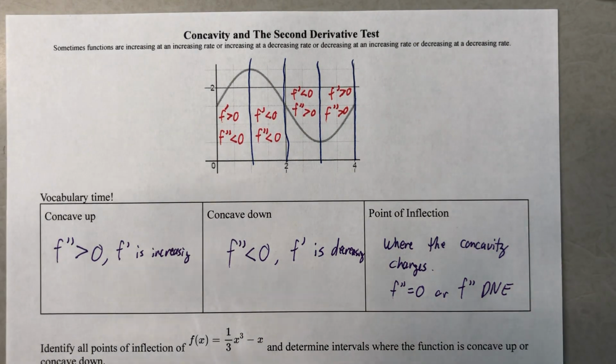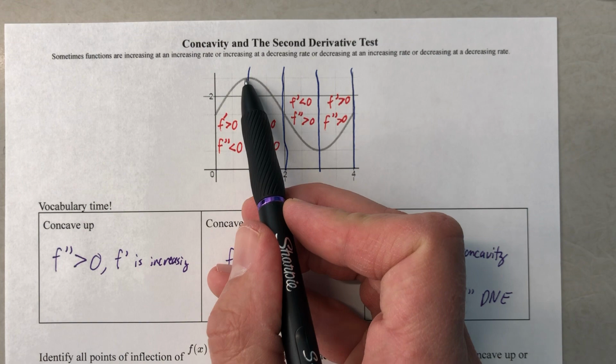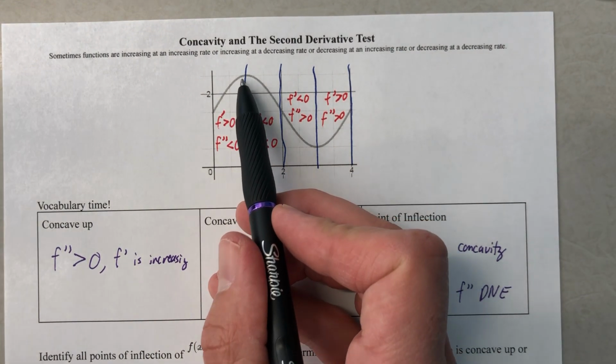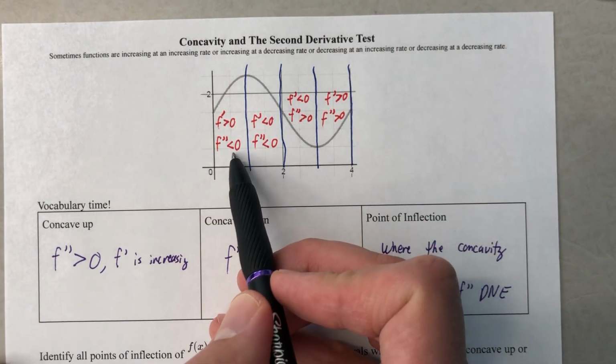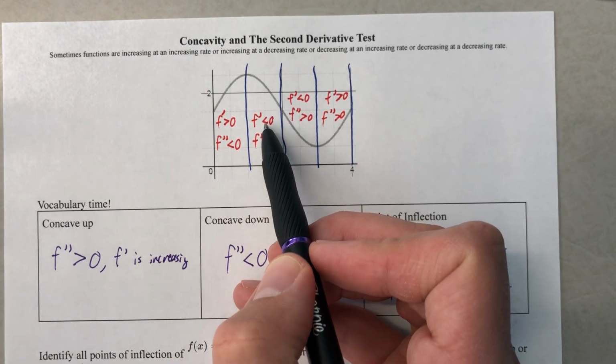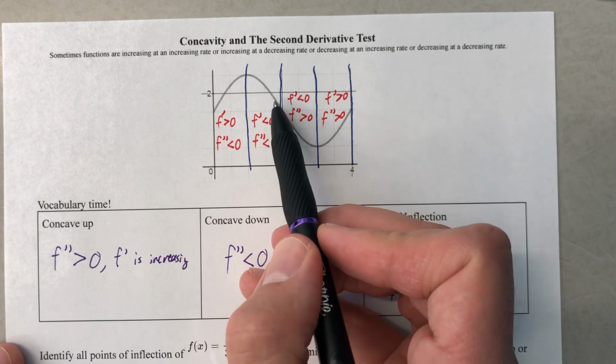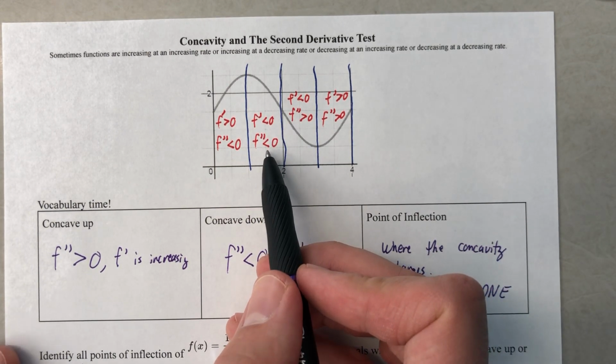Okay, so let's recap because things got a little wordy in here. Increasing at a decreasing rate, so the first derivative is positive, but the rate of that is negative. Hopefully this is clearing things up. Decreasing, the derivative is negative, at a decreasing rate, so decreasing and the derivative of that is negative.